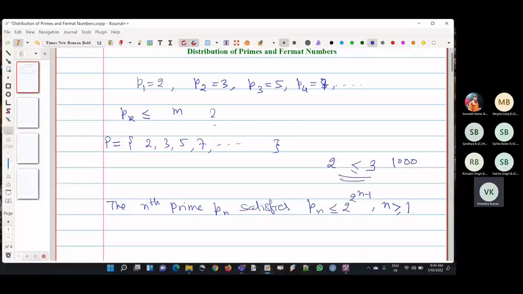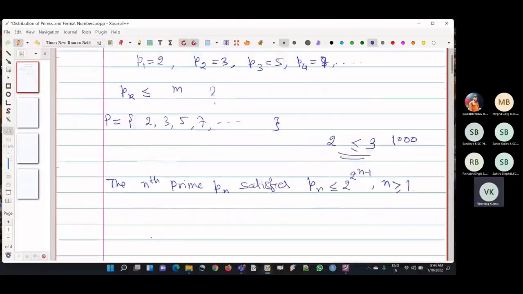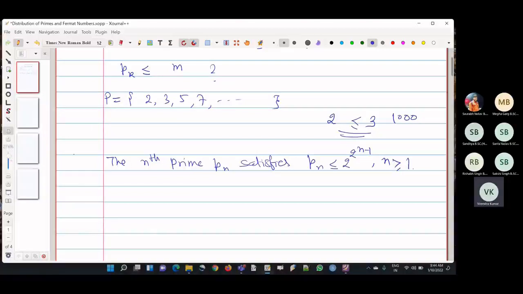So this is the result, or you can write it as a theorem.